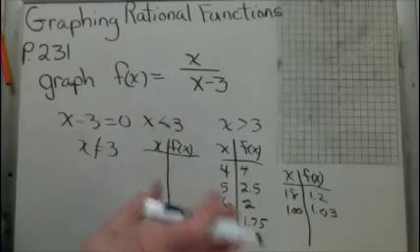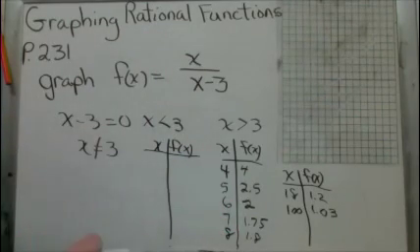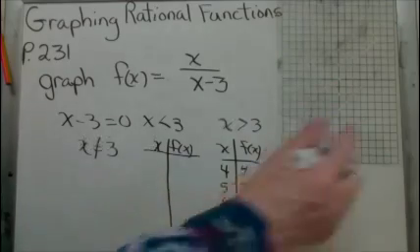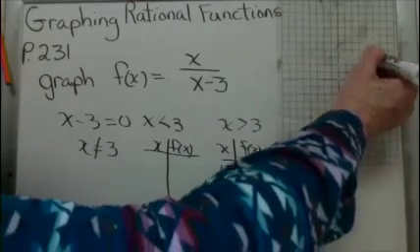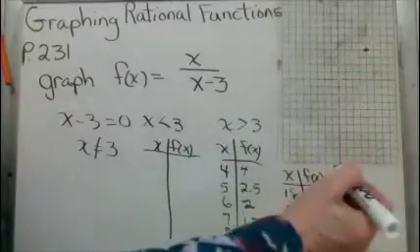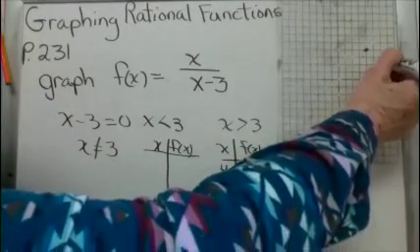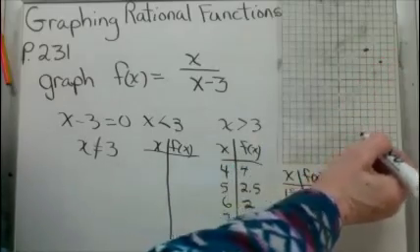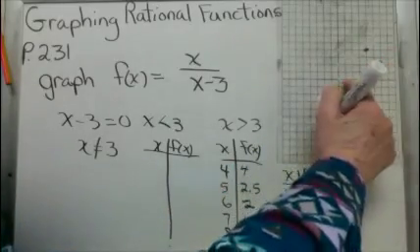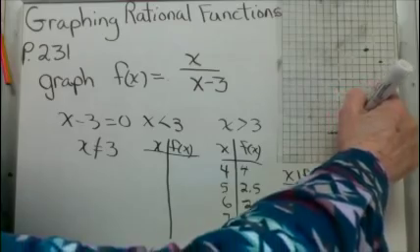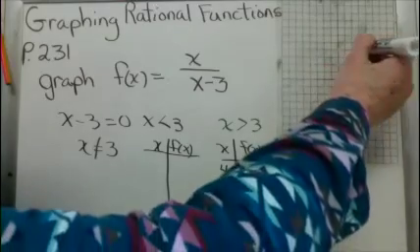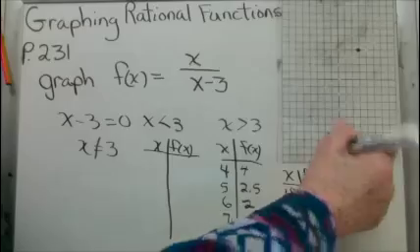So I have to do a graph of this function, and I need to plot these points. So if I start plotting points, if I go over 4, up 4, I get that point there. If I go over 5, I go up to 2.5. If I go over 6... oh, these are off a little bit here. Let's do that again.